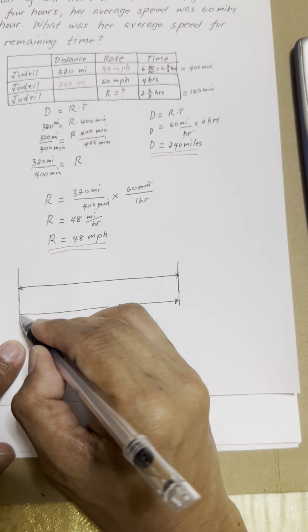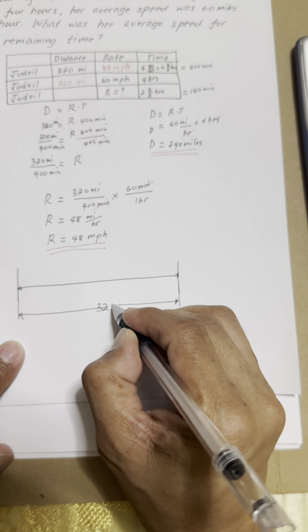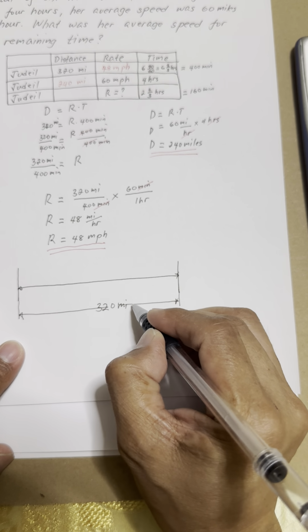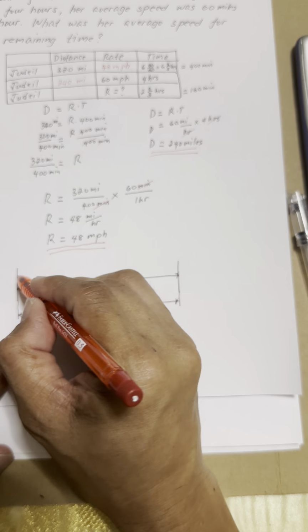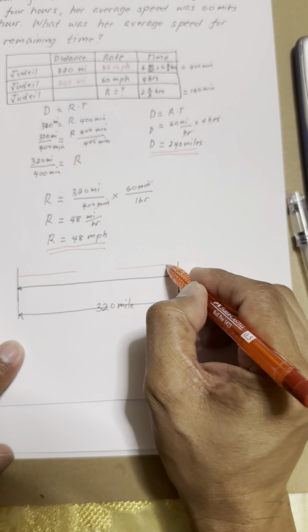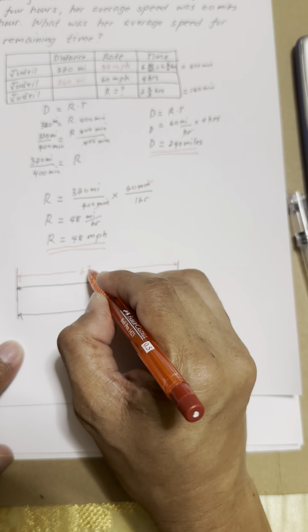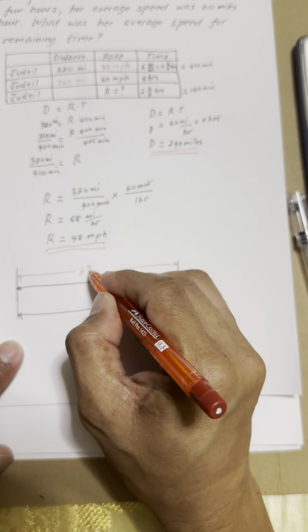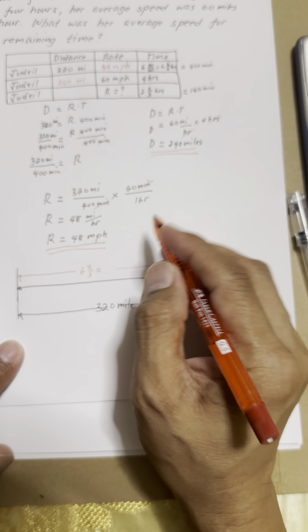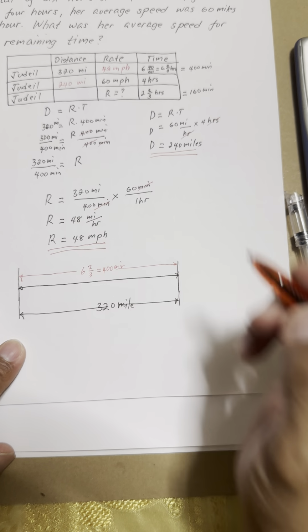This is equivalent to 320 miles. And the total time to travel this distance is equal to 6 hours and 40 minutes, or 6 and 2/3 hours. 40 minutes is 2/3 hours. Or in terms of minutes, this is equal to 400 minutes.